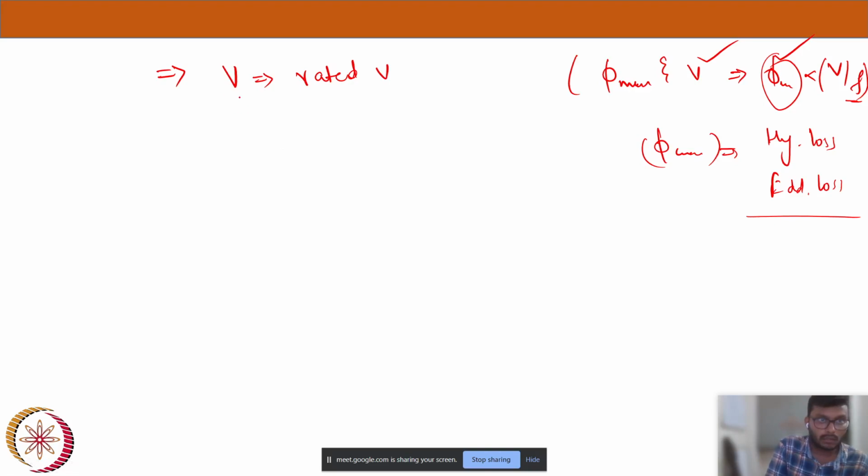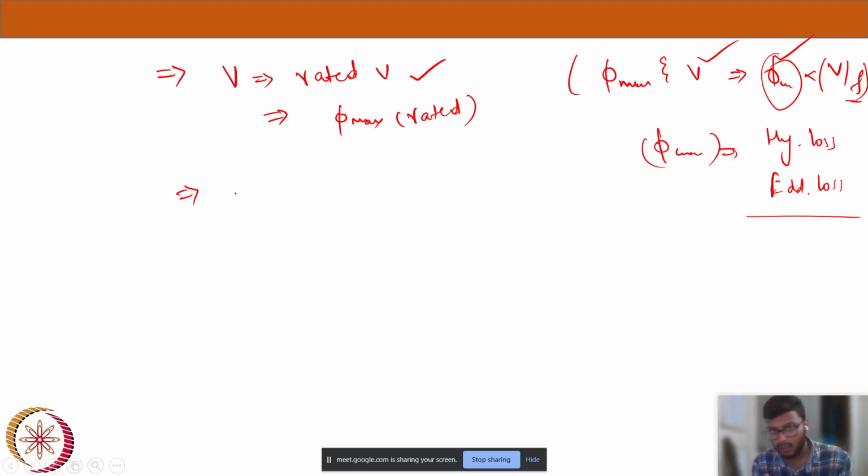So we are applying a rated voltage, and this is resulting in setting up of rated flux inside the circuit, so the copper loss component is negligible. We are neglecting that. So what we can say is, from the open circuit test, we are able to calculate RC1 and XM1.